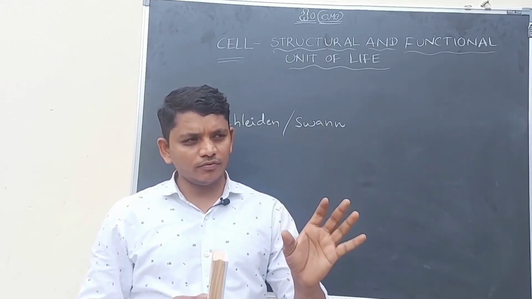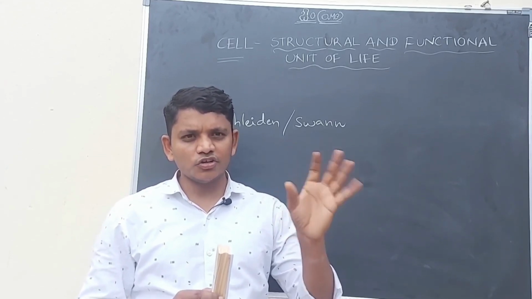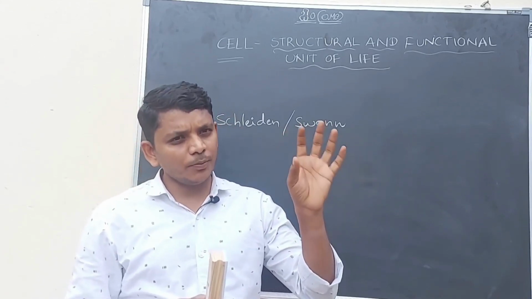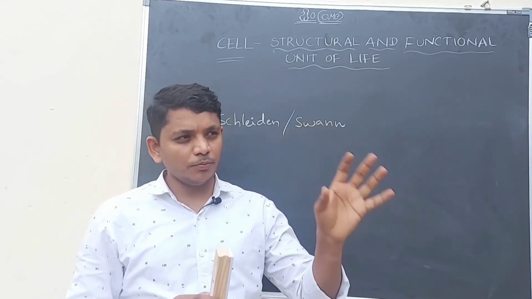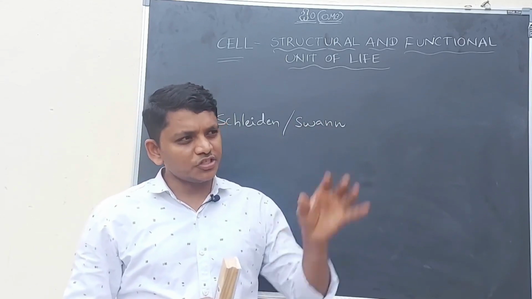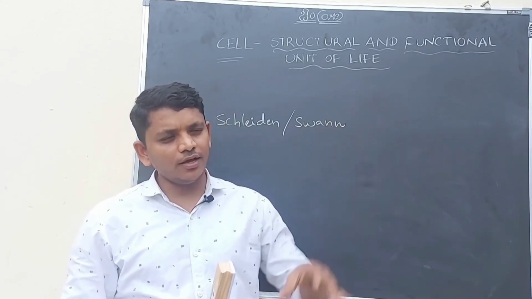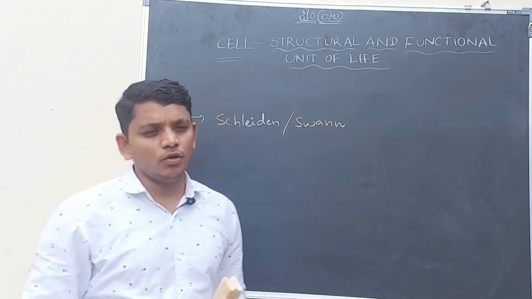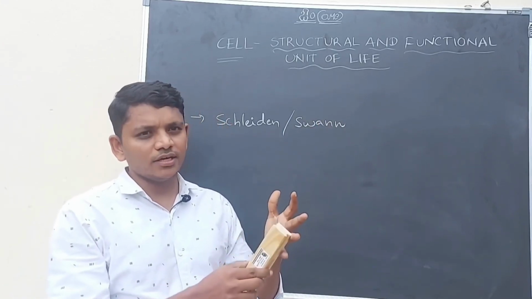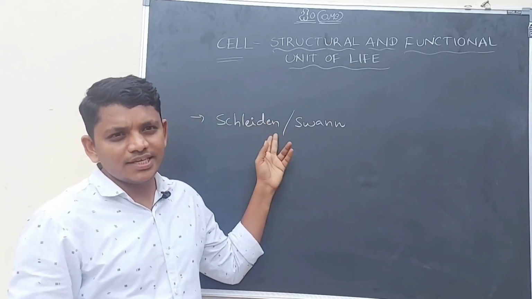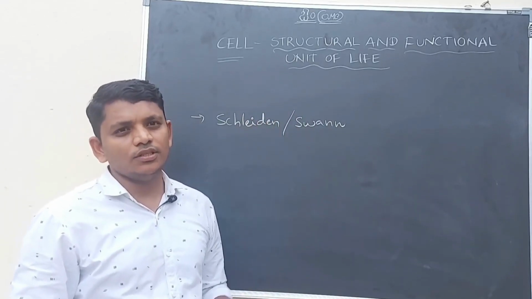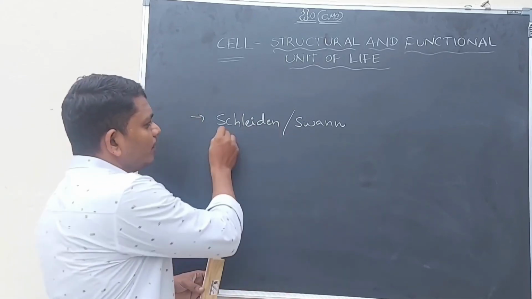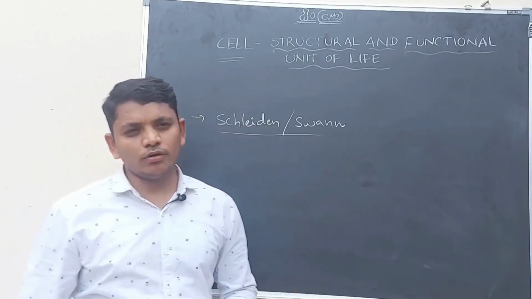The entire structure of the organism comes only from the presence of cells. So the structure and the function in organisms are only because of cells. This is the main point of the cell theory, proposed by Schleiden and Schwann.